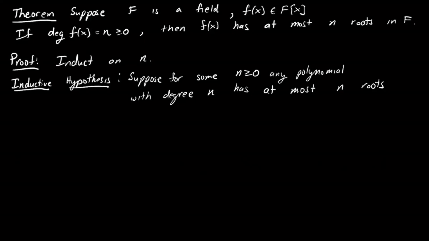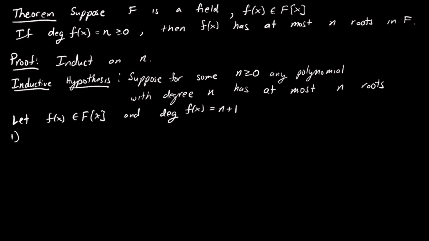So I'm going to suppose for some n greater than or equal to 0 that any polynomial of degree n has at most n roots. And what I'm going to do is I'll say let f of x be a polynomial and suppose that the degree of f of x is equal to n plus 1. Okay, so we have two possibilities.